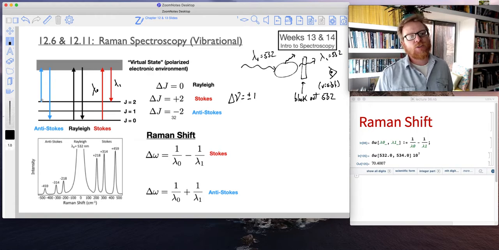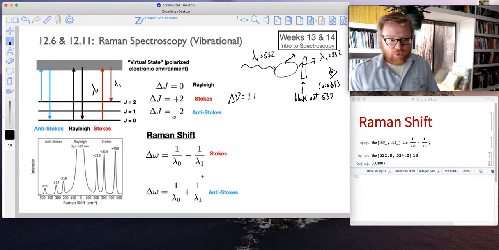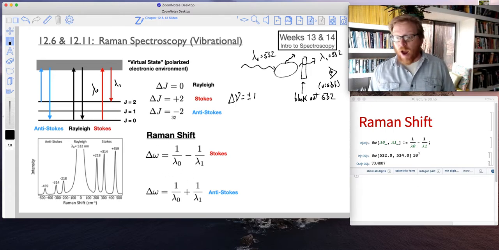So anti-Stokes starts at a higher level, and the result is that a bigger energy comes out, okay? So you can see in the anti-Stokes, those all look like negative numbers, whereas in the Stokes, they look like positive numbers.